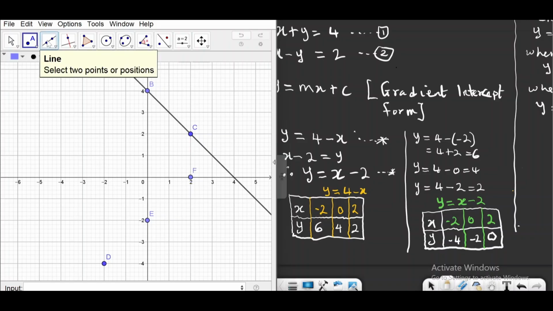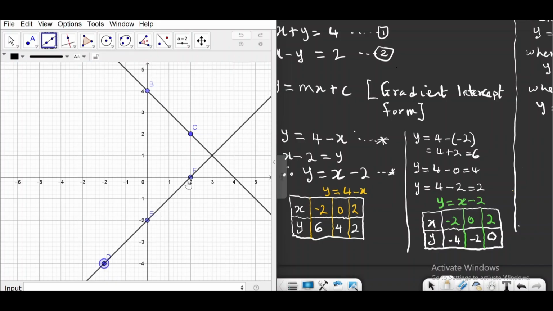Drop it and we draw another line to join these. Let's make it red. This red line represents the line y equals x minus 2.